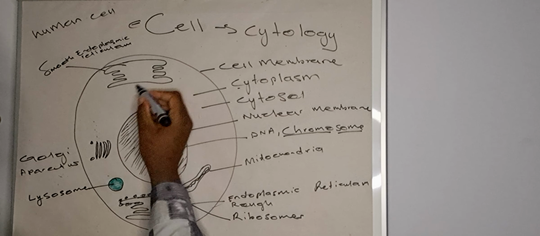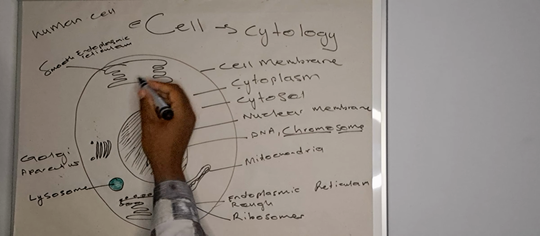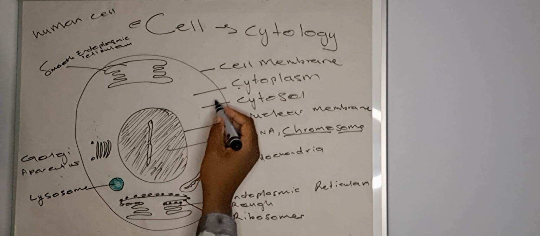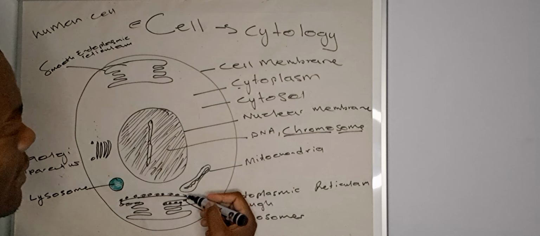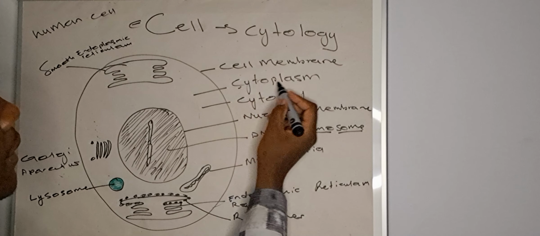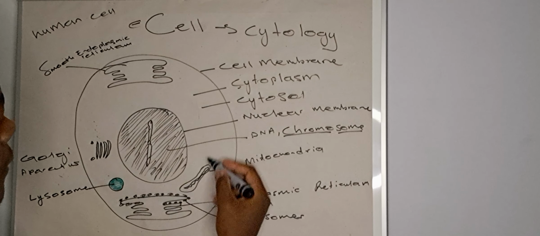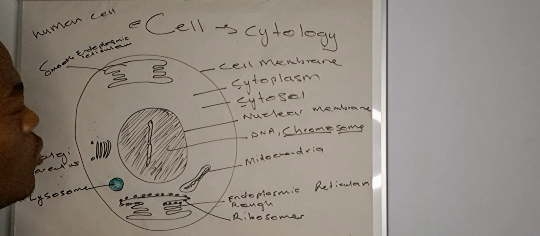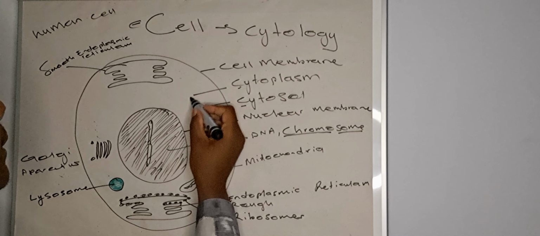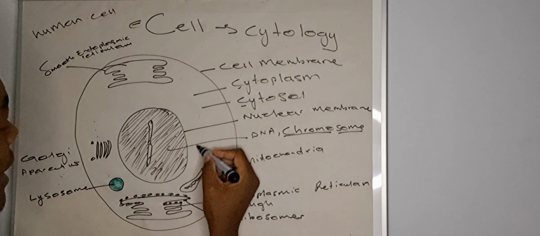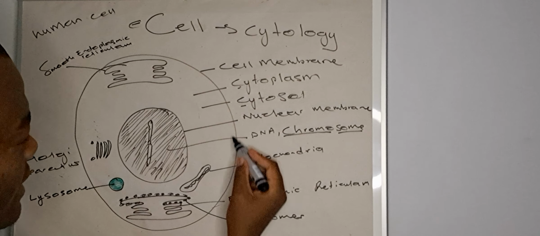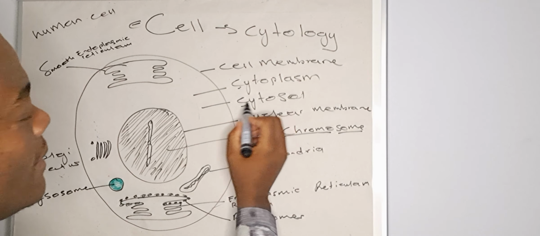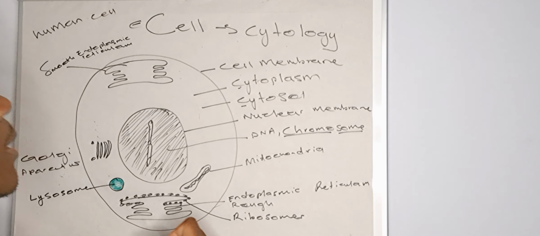Cytoplasm is a gel-like environment that enables substances and organelles to move about the cell. This gives the entire organelle free movement inside. What is the function of cytosol? Cytosol regulates the water pressure that exists within a cell so that the cell can adapt its natural shape. That is the function of cytosol.